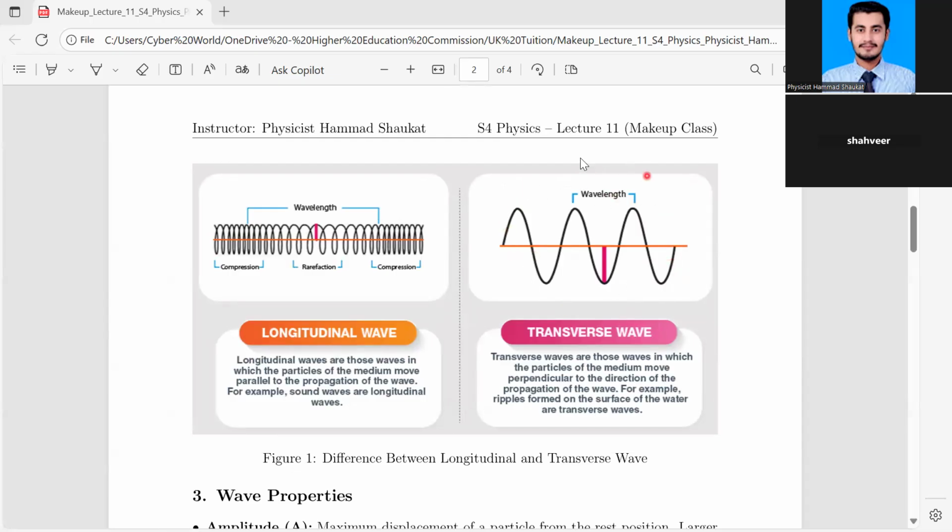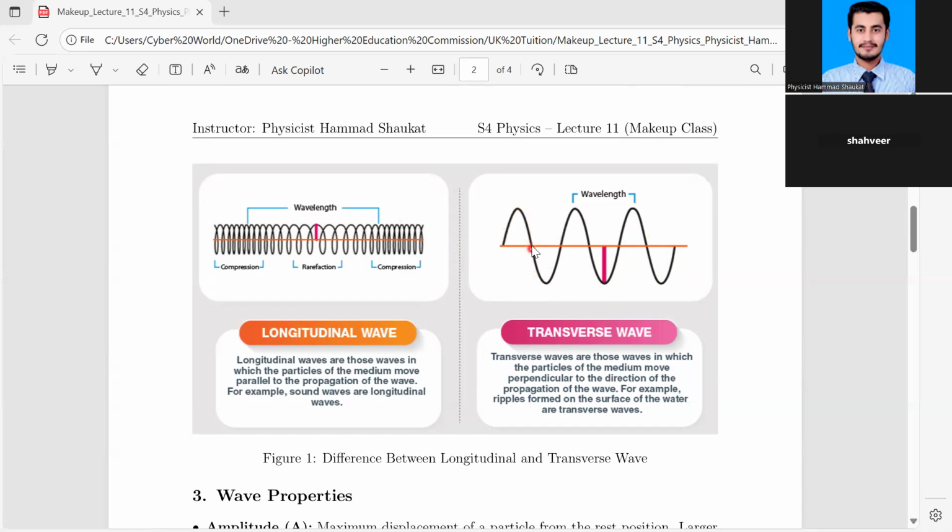So this is a wave, right? This orange line you can see is defined as the direction of propagation. It means your wave is traveling in this direction. There is no arrowhead, but let's suppose our wave is traveling in this direction. And this black curve you can see is basically the illustration of a wave.